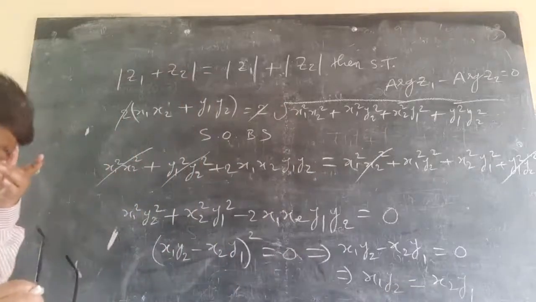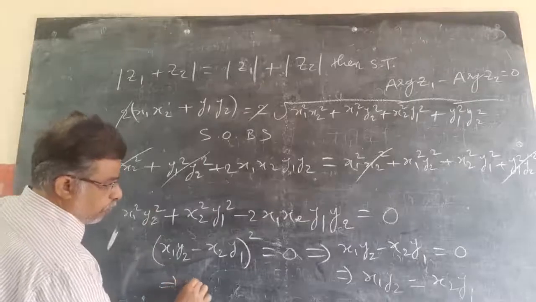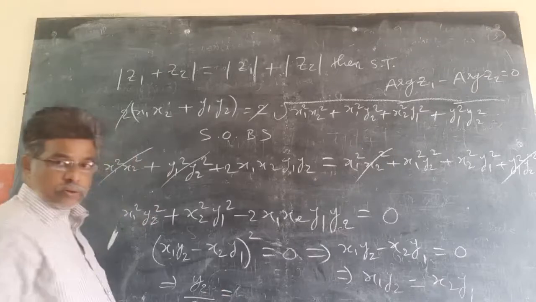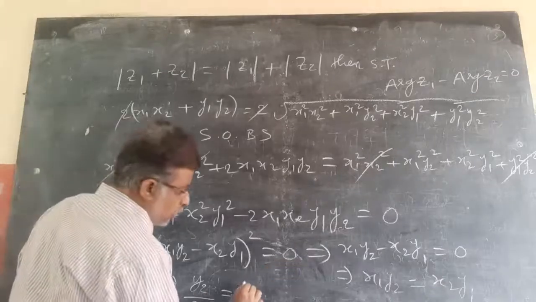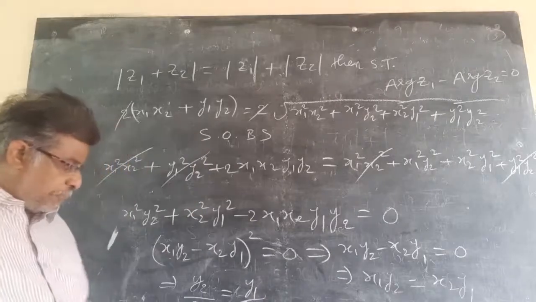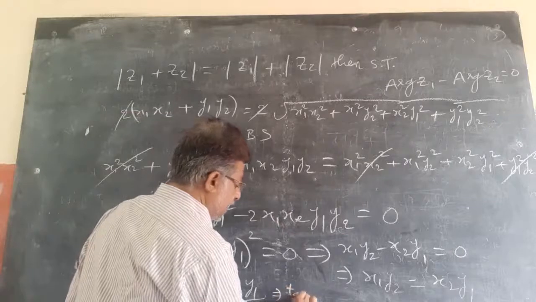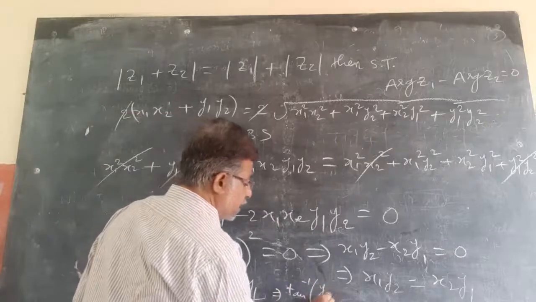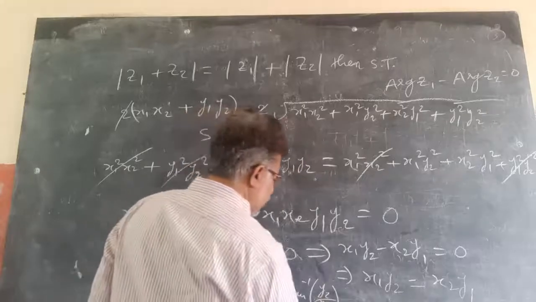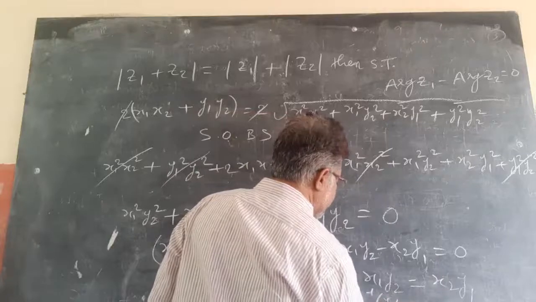So this is written like y2 by x2 equal to y1 by x1. Now applying tan inverse on both sides, tan inverse of y2 by x2 equal to tan inverse of y1 by x1.